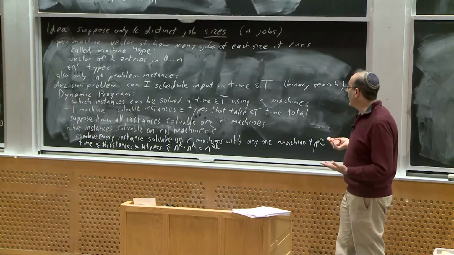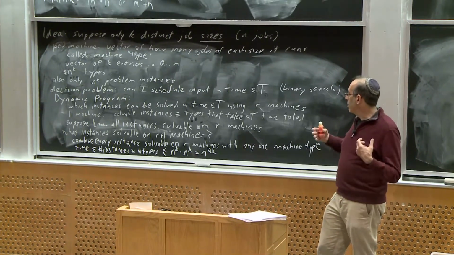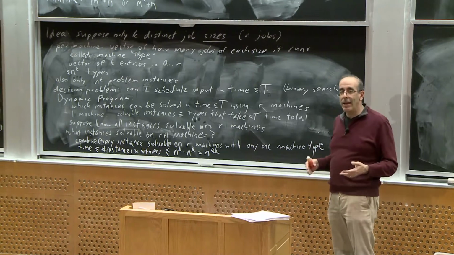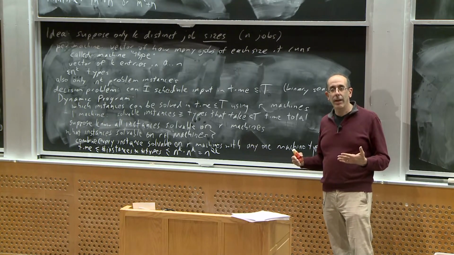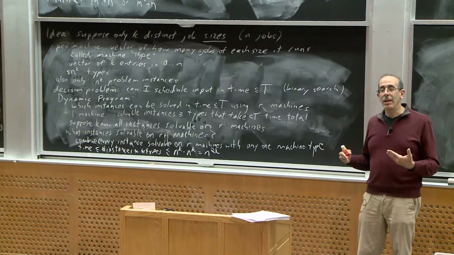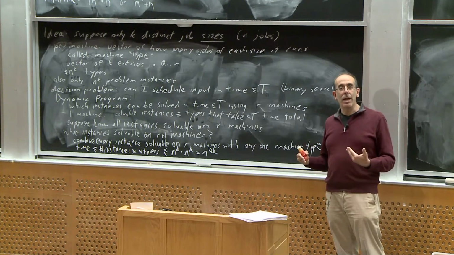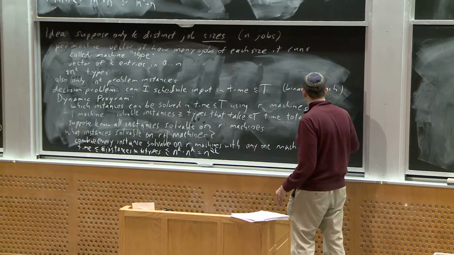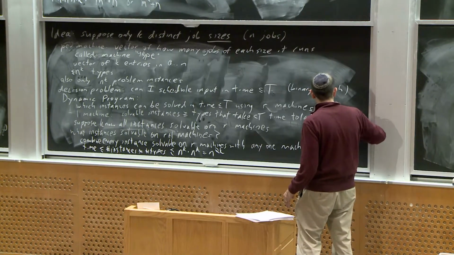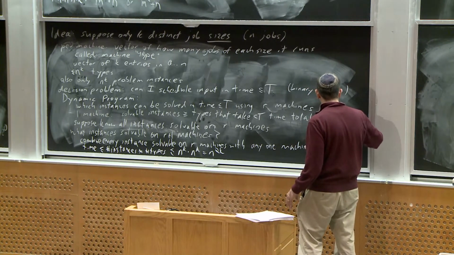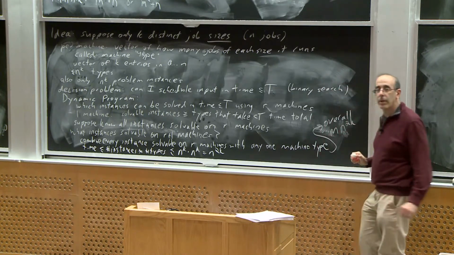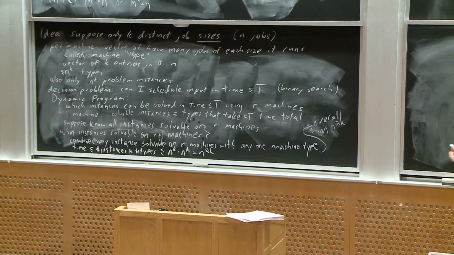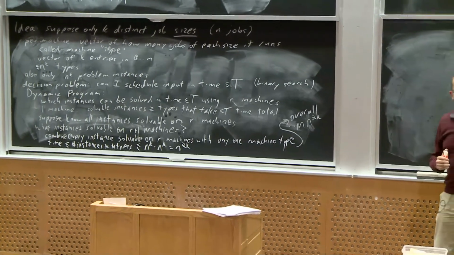What we're doing now costs us this n to the 2k time to add each machine, right? And we're going to have to add a machine m times. So overall, the runtime of this thing is going to be m times n to the 2k, because we add a machine m times. If we use what you're proposing, that m goes away.